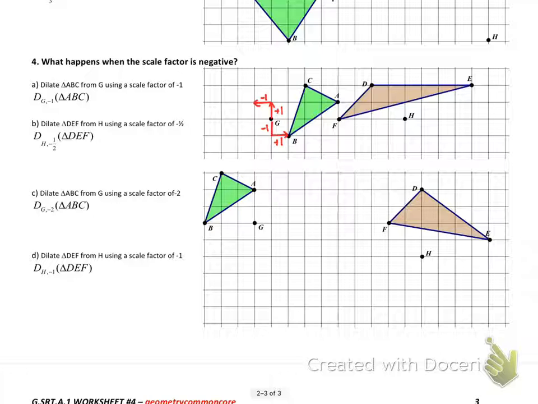Again, you don't have to write out all these numbers when you're going through it generally. But just think, if I'm going down and right, now I want to go opposite. I want to go up and left. And because it's a -1, I'm going the same amount, just in the opposite direction. So there's going to be B prime.